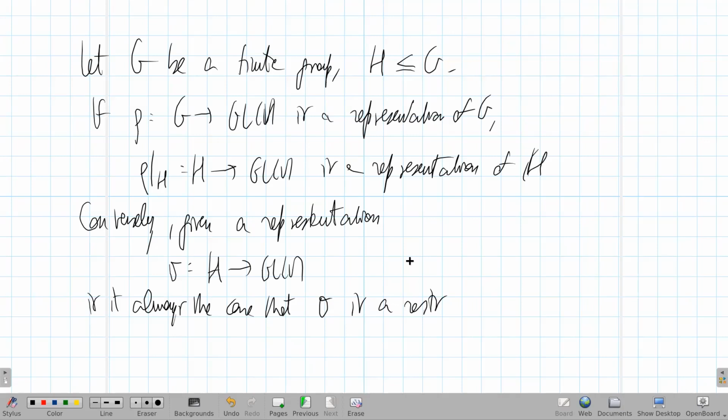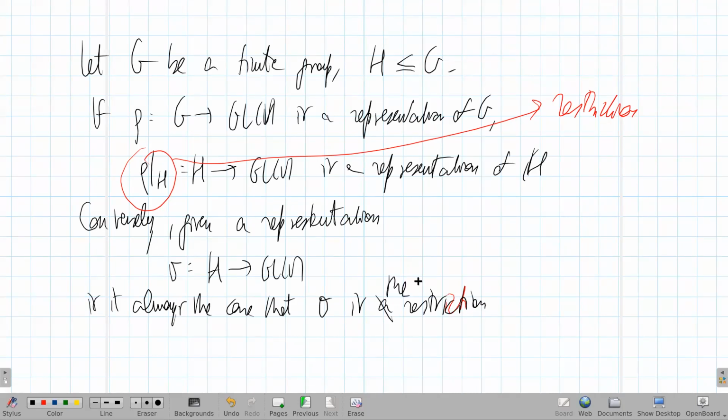Is it a restriction, that is, the restriction of sigma equals rho restricted to H for some representation rho of G?